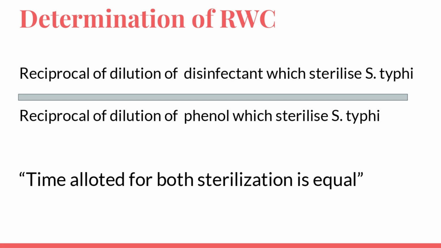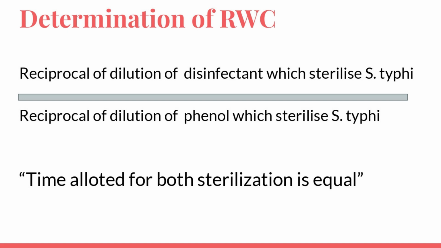And while we do the test, the time allotted for sterilization should be equal. That is, equal time shall be given for the disinfectant under question and phenol. After the test, the dilutions are noted and applied in this equation.